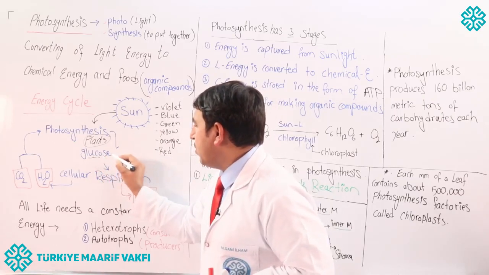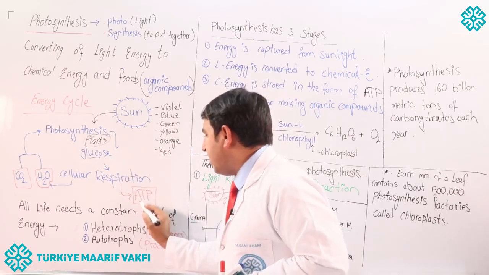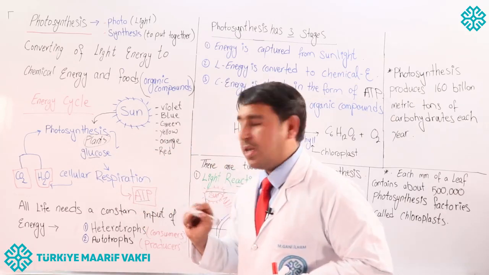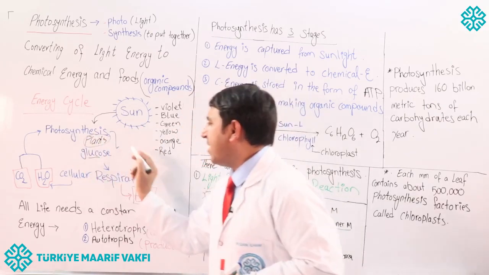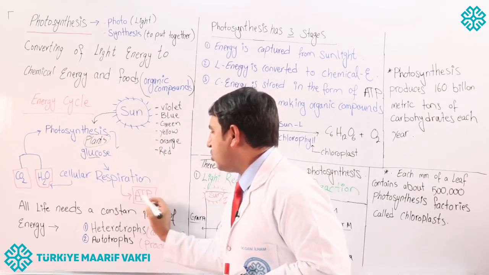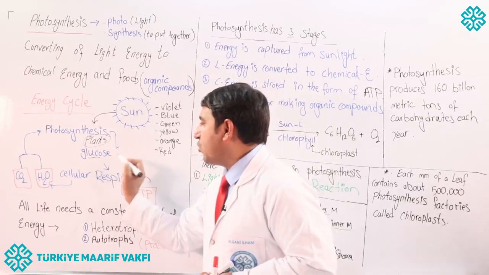This is glucose. Glucose is food. And we can get energy, that is ATP energy, and this ATP energy is the chemical energy. Now photosynthesis is converting the light energy to ATP energy or chemical energy and glucose.